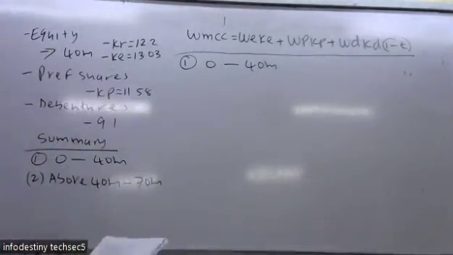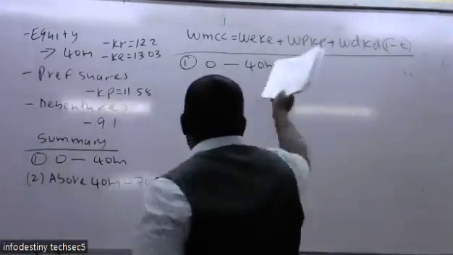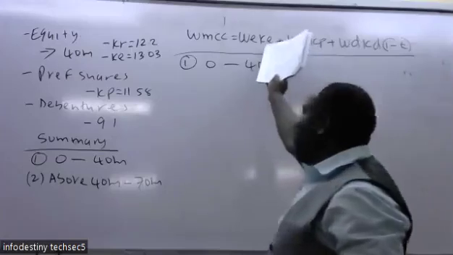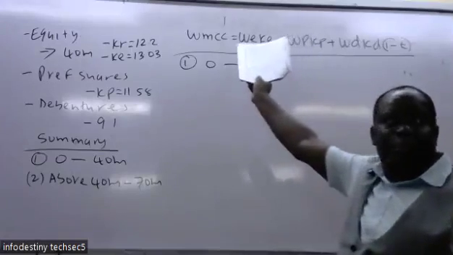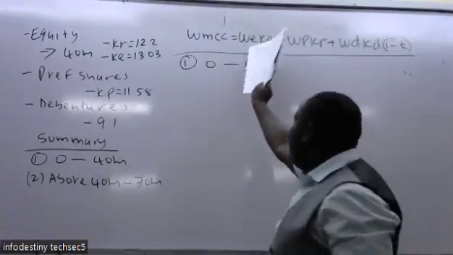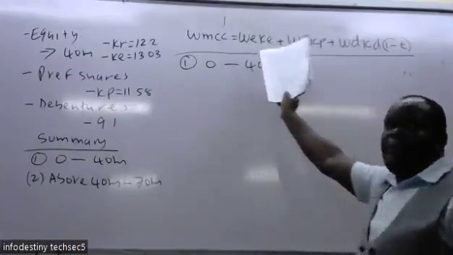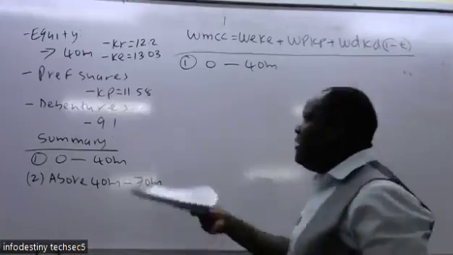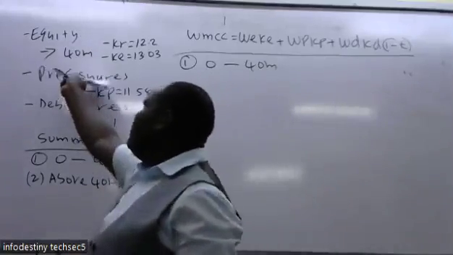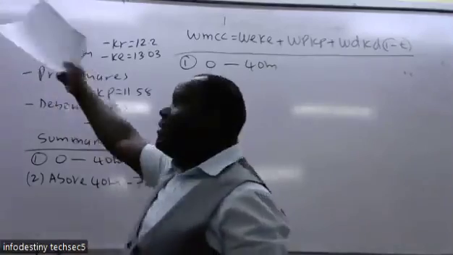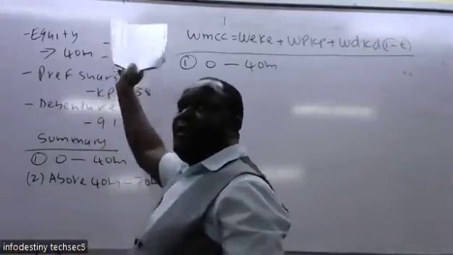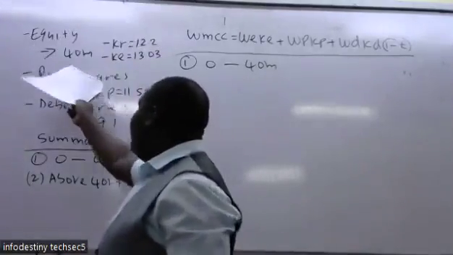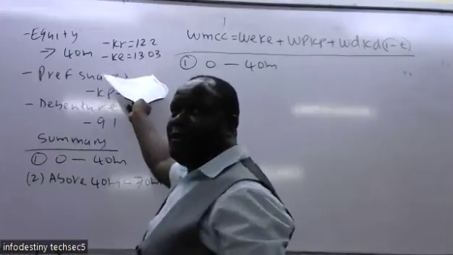So when we shall be calculating, this Ke here is not referring to the ordinary share, it is referring to equity. And this part is equity. This part is the preference shares. This one is what? Debentures. So under equity, anything to do with 40 million and below, you only use retained earnings, and above 40, ordinary share.